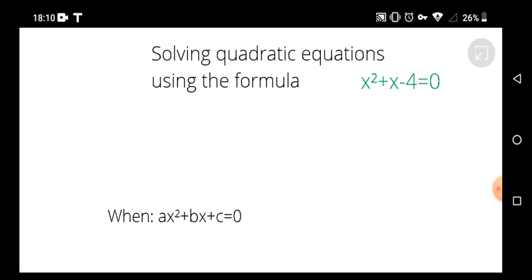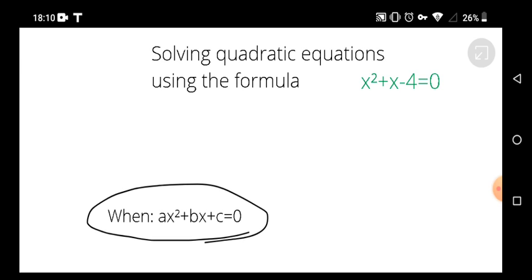But I just want to stress to you that this only works when our quadratic equation is in this form. Circle it here. When ax squared plus bx plus c is equal to 0. That means we have three numbers, a, b, and c. Well, they could be 0 actually.